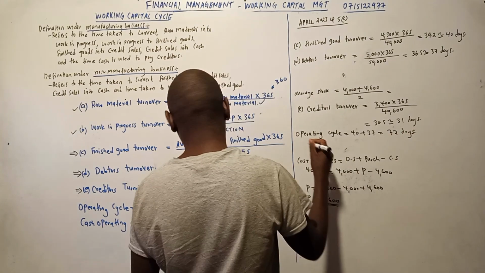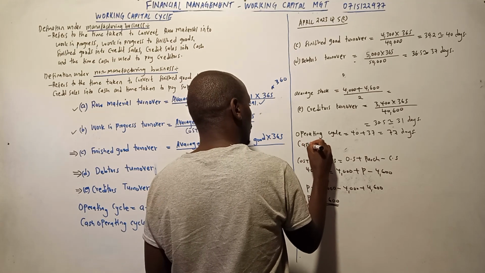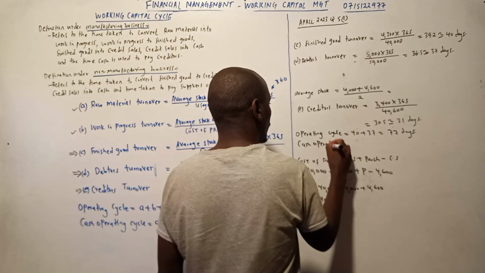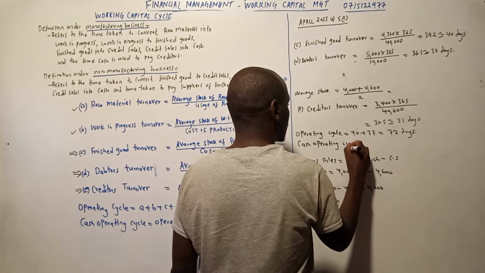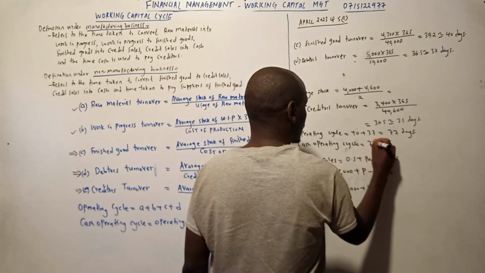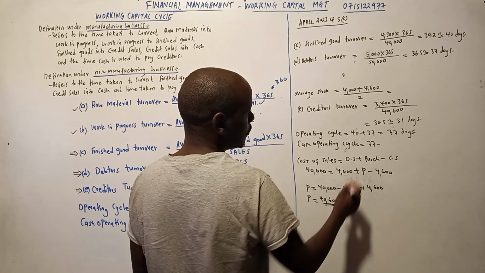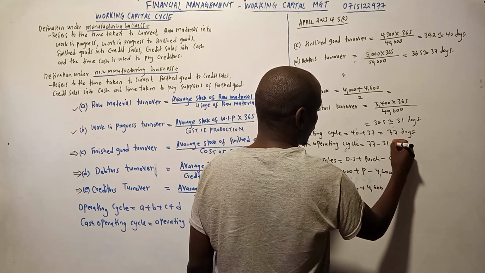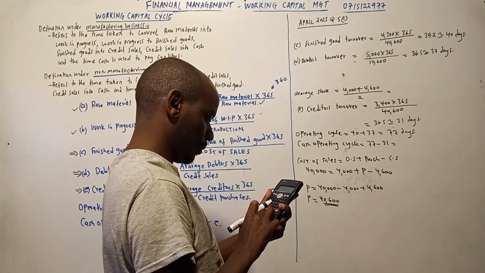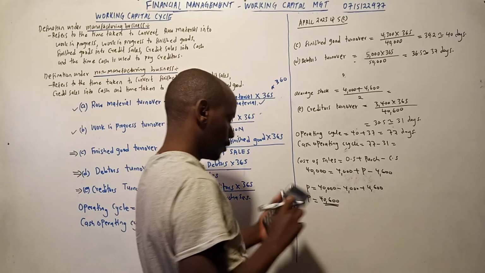And then number 2, the cash operating cycle. The cash operating cycle is 77 minus 31, which is 46 days.